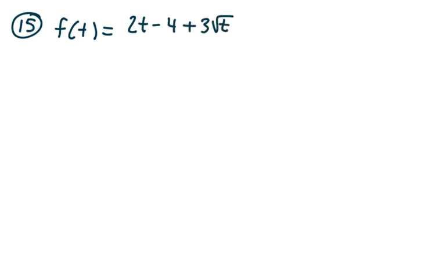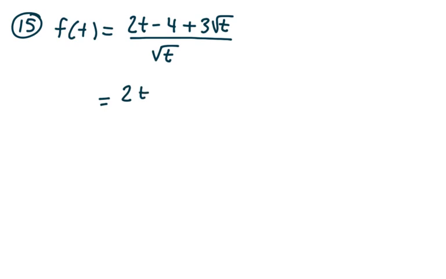Let's take a look at problem number 15. So on 15, we have f of t is 2t minus 4 plus 3 square root of t, all divided by the square root of t.